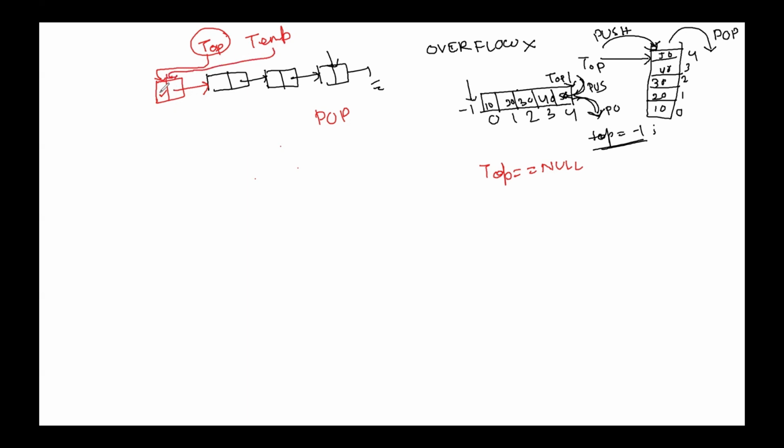For example, 10, 20, 30, 40 is present. Now temp points to the first node, which is the topmost element. Then we can go for top equal to top next. If we make top equal to top next, then what happened?